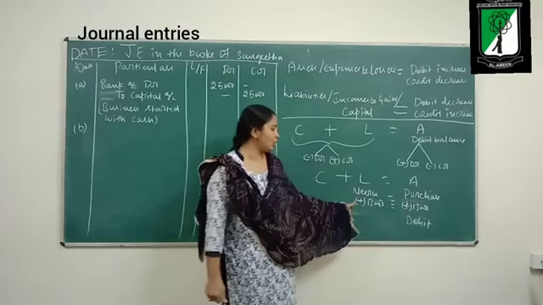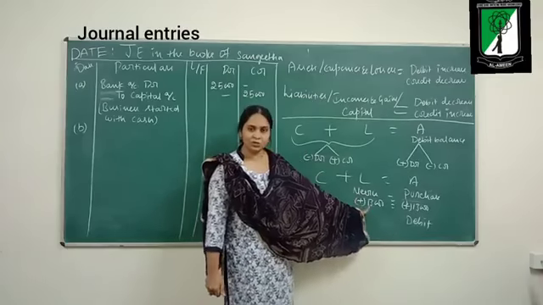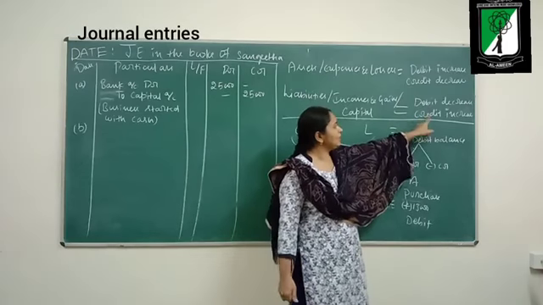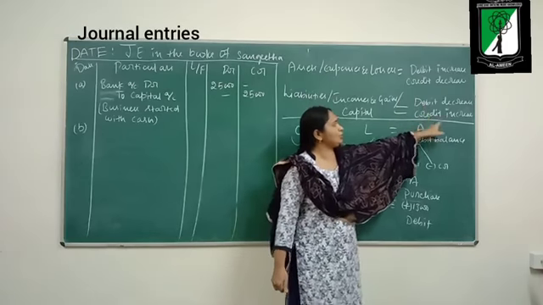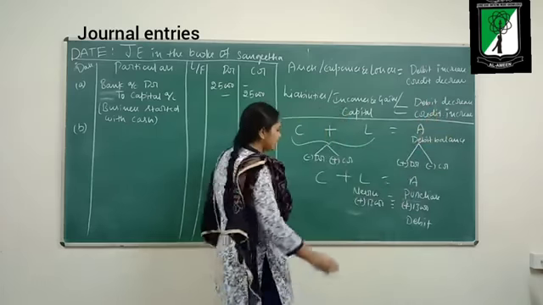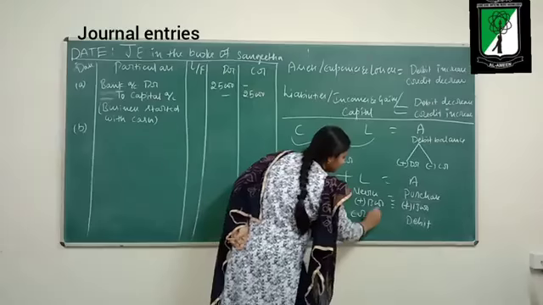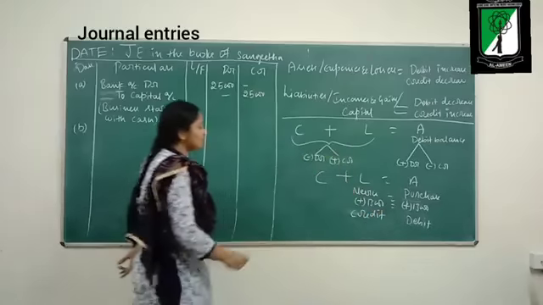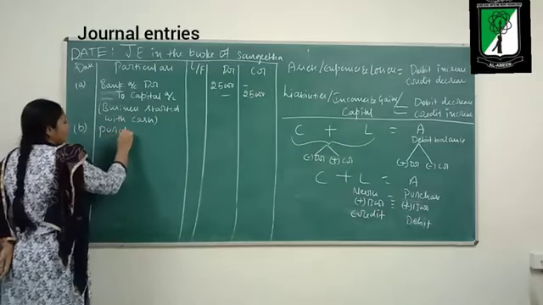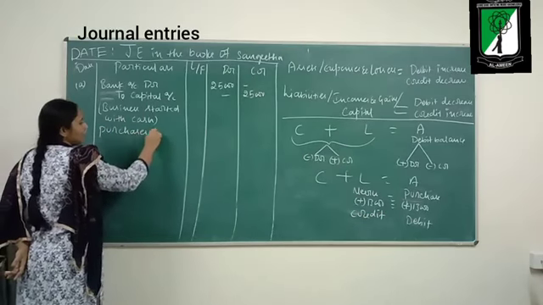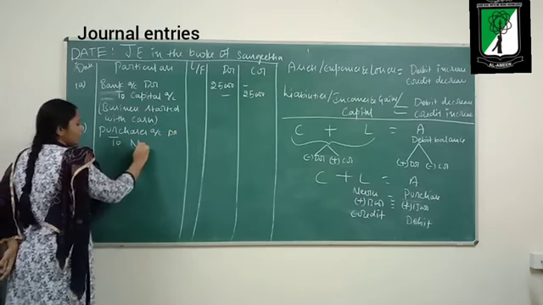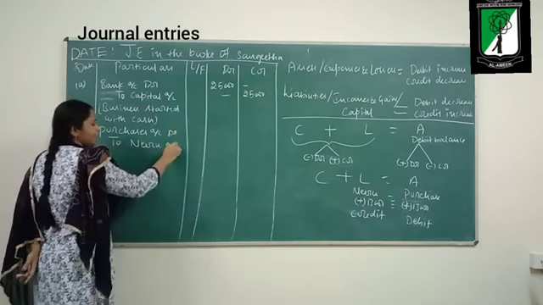My liability is also increasing. Increase in liability should be credited. Debit decrease, credit increase. So what should be my journal entry? Purchases account debit, to Neeru account.